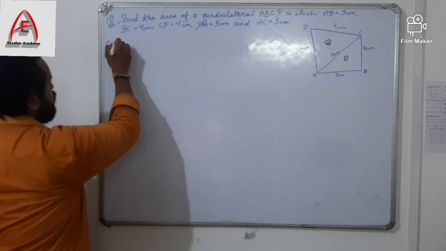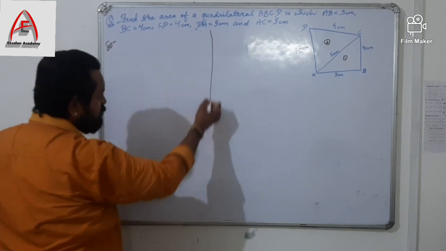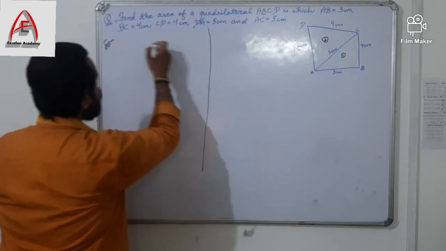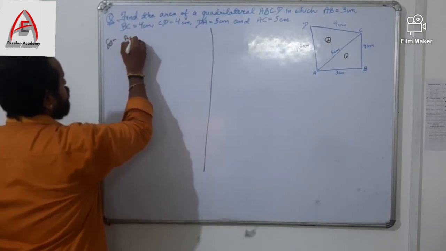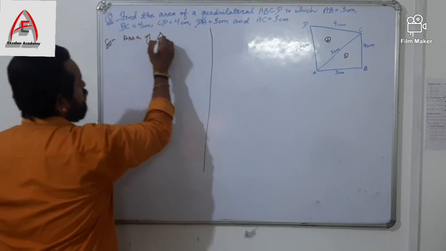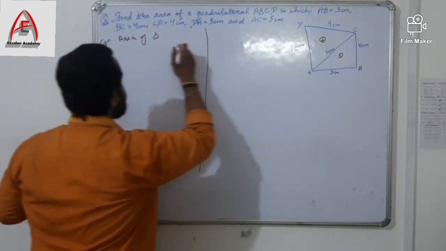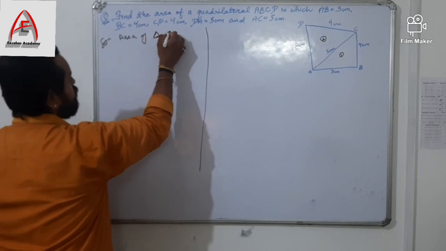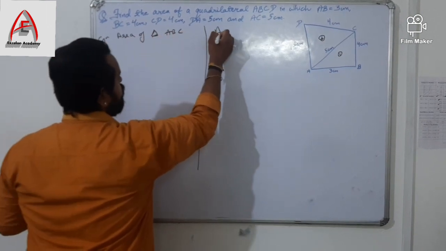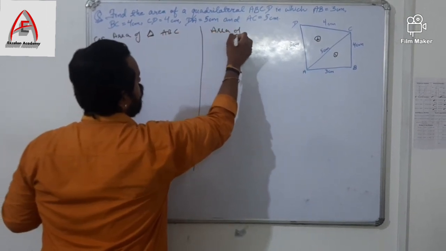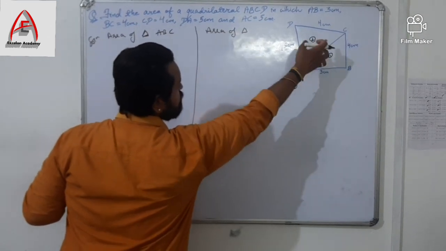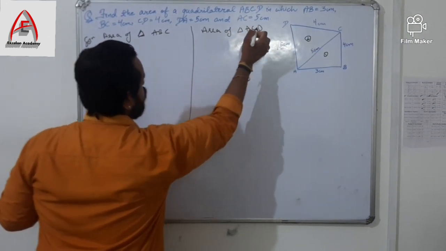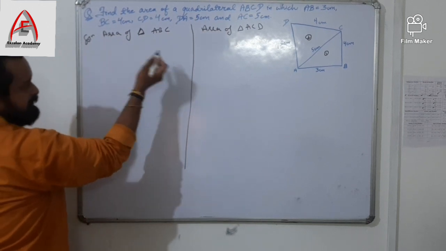So we are solving this question in two parts. Here we will find the area of triangle ABC, and here we will find the area of triangle ACD. Okay, so first we will solve this.